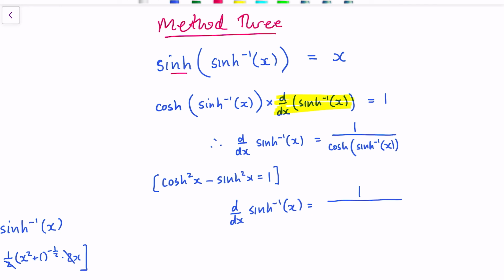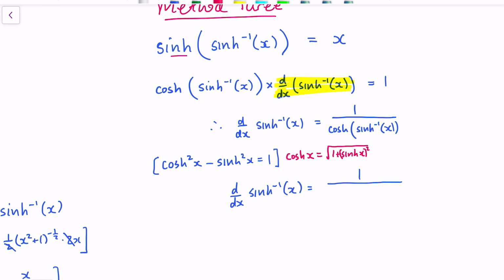Okay, I'm going to rearrange this as cosh of x equals the square root of 1 plus sinh x all squared. But it's not cosh of x, right? It's cosh of sinh inverse of x.